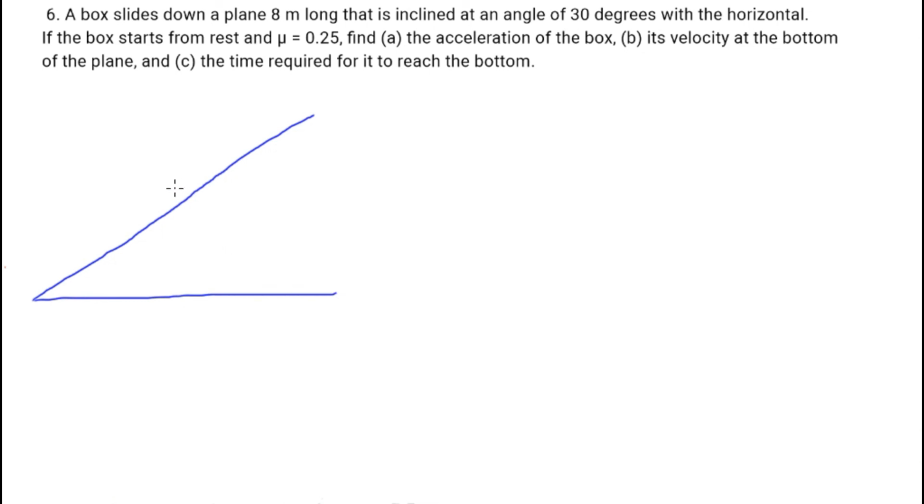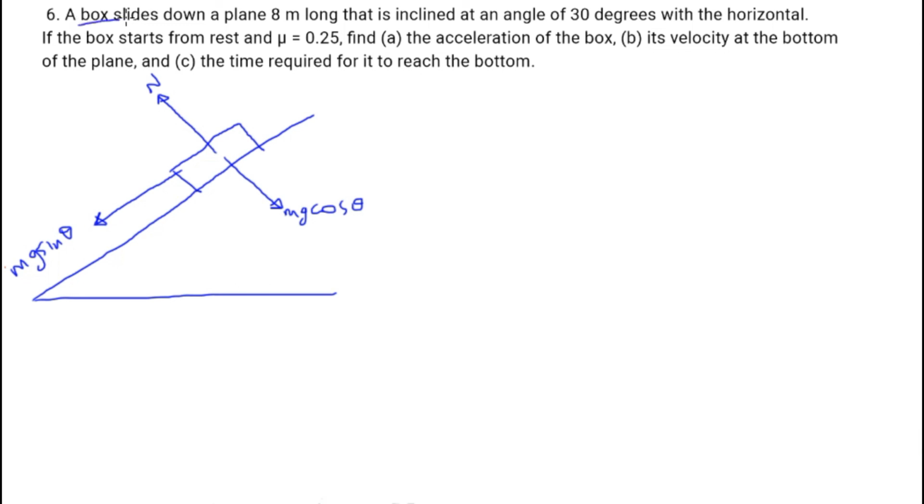So let's say this is the object, this is the box, and of course it will slide down naturally with mg sine theta, and then there will be a component of its weight, which is also mg cos theta, and then the normal force, which is n. So let's see the direction of motion of the object.